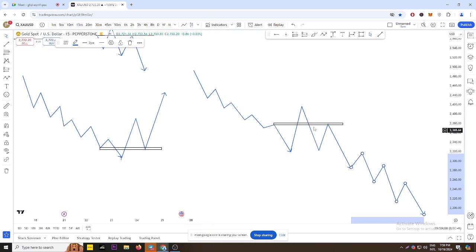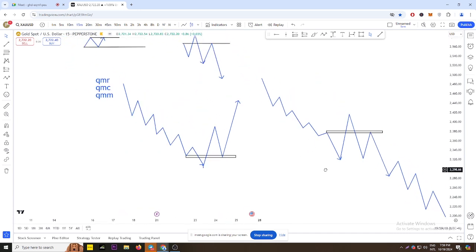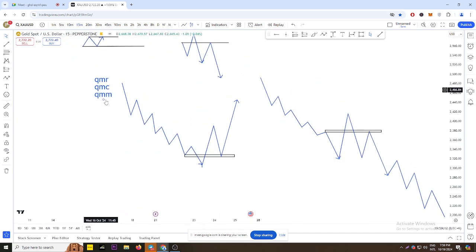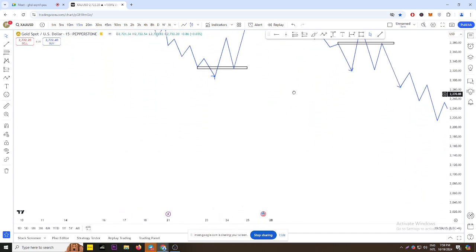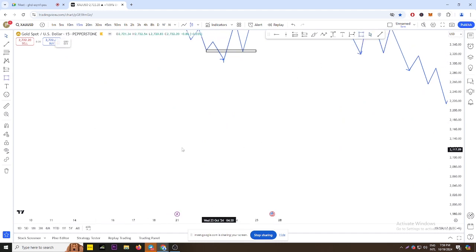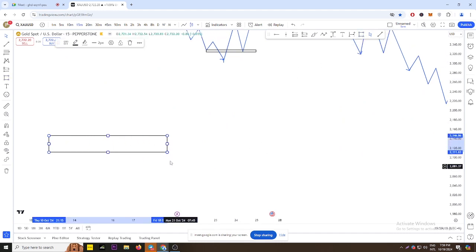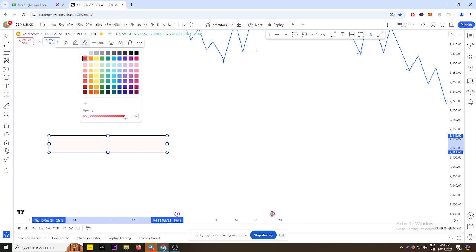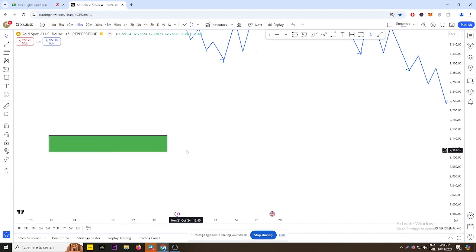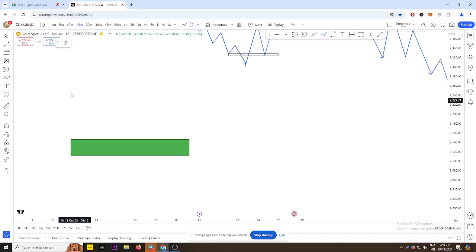Now, what is manipulation? Let's say this is an engulfing buy area. Now we are coming down to here. If it is an engulfing buy area, what are we going to do from here? Buy, isn't it?